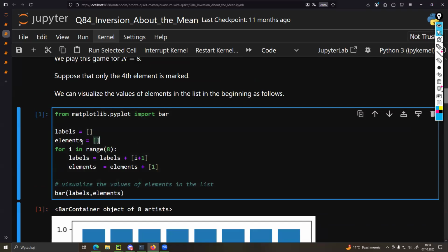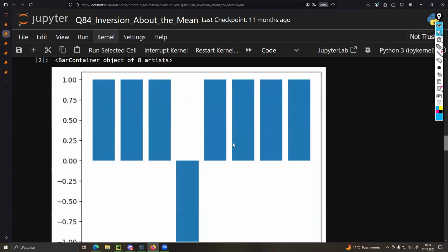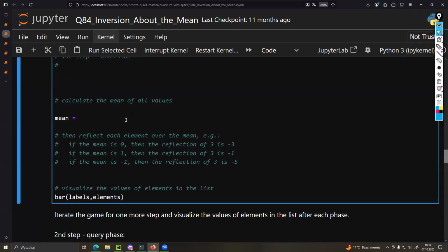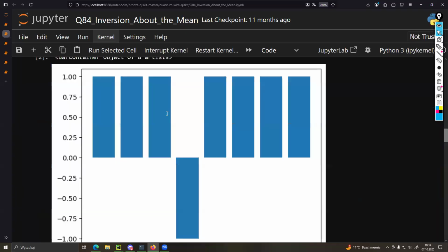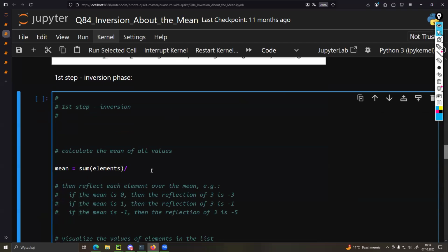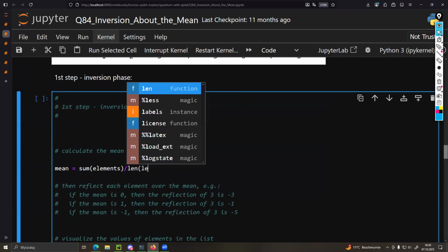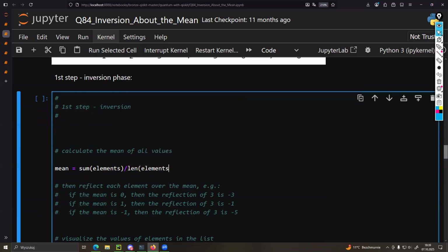Let me run the cells. Okay, so let us sum over the elements and divide it by the total count of these elements. So we could say len of elements. So this is our mean.